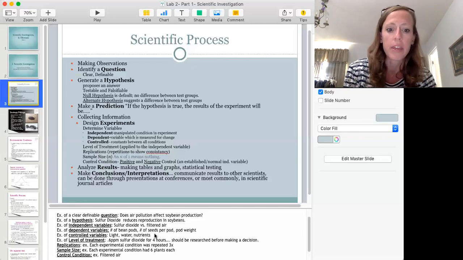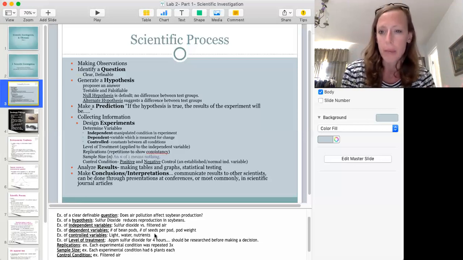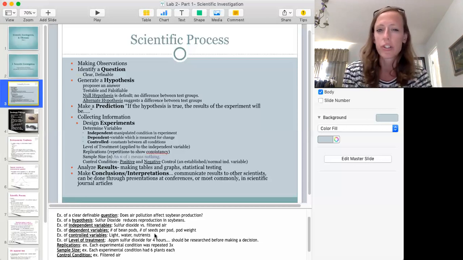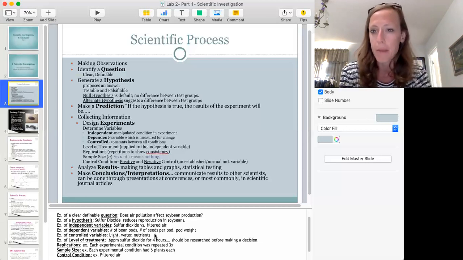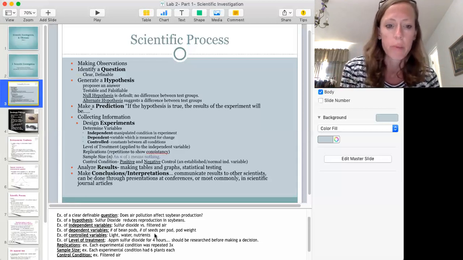So it could be the amount of sulfur dioxide exposed to the plants and for how long. And this is something, like I said, you would look at previous papers to determine what had been done, what hadn't been done, what's an optimal range. If you were looking at enzyme activity, you would want to look at previous research to determine a starting point for the level of treatment.